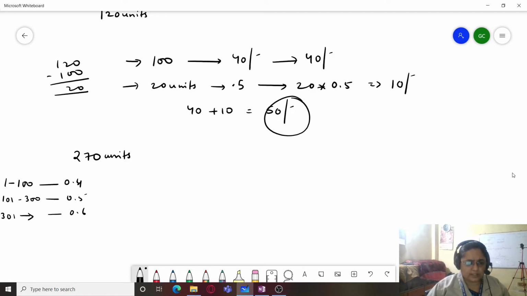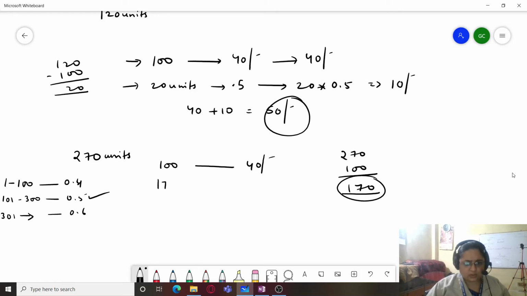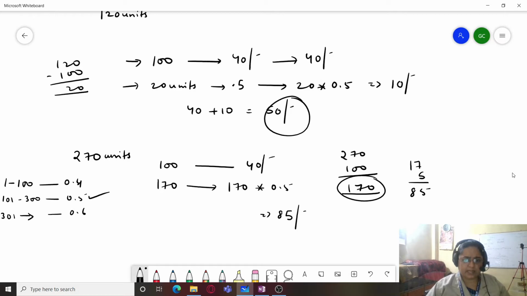Now 270 units fall within the second range, so we will take the first 100 units and apply 0.4, which will be 40 rupees itself. Now deduct these 100 units, you get 170. This 170 falls within the second range, so 170 has to be multiplied with 0.5, which will give me 85 rupees. And now I will be adding up 40 and 85, which will give me 125 rupees total.